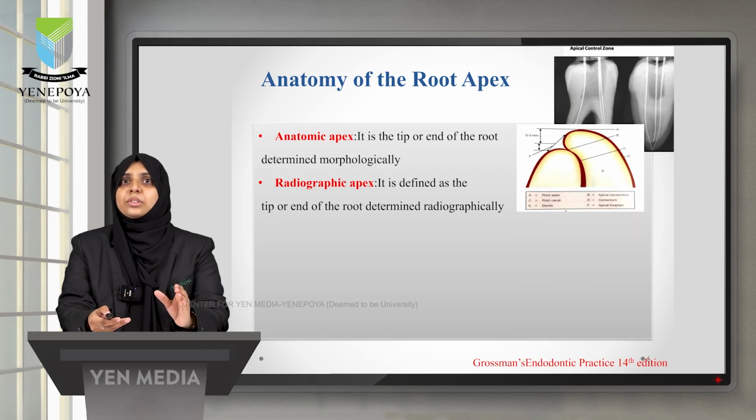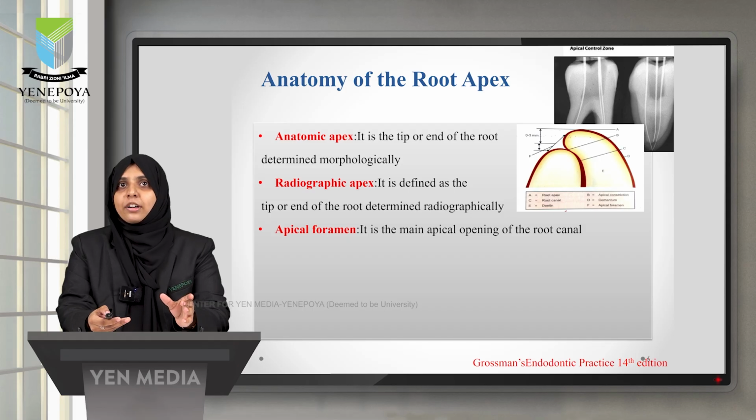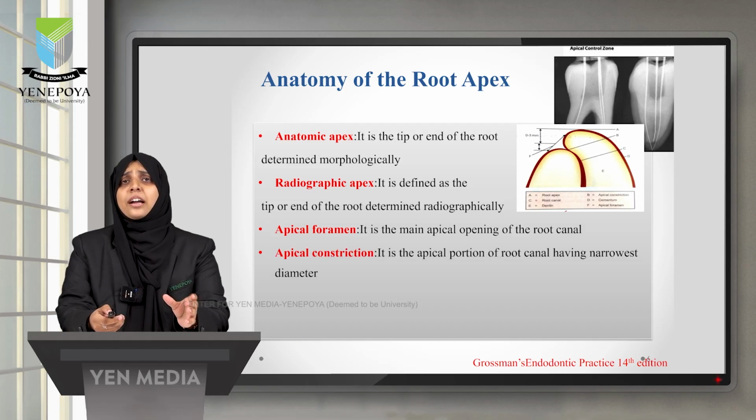Now let's move on to the other structures which are present on the root apex, that is the apical foramen. This is the main apical opening of the root canal system. Here you can see the F indicates the apical foramen. Now coming to the apical constriction, this is the narrowest portion which is present at the apical portion of the canal.